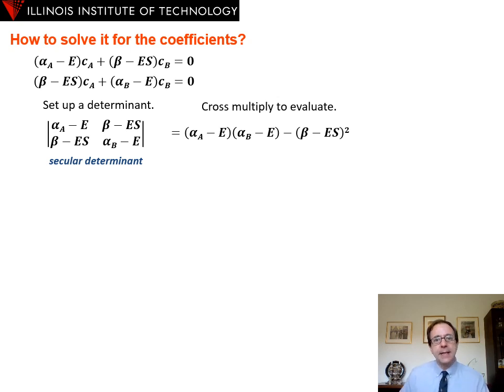So that is the evaluation of this, and then we're going to set that equal to 0, because we know that it equals 0 from our secular equations above.